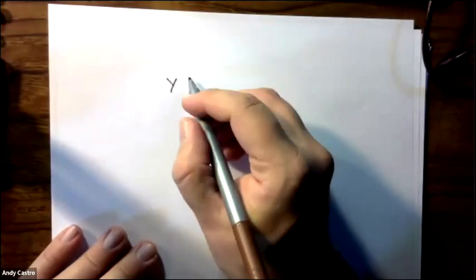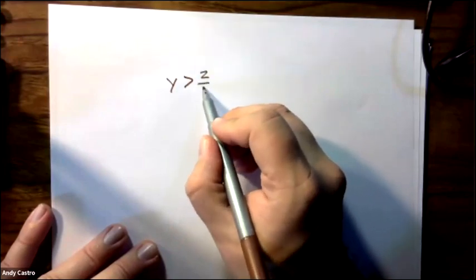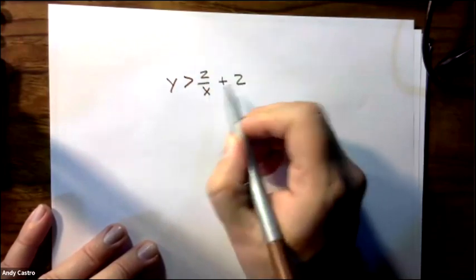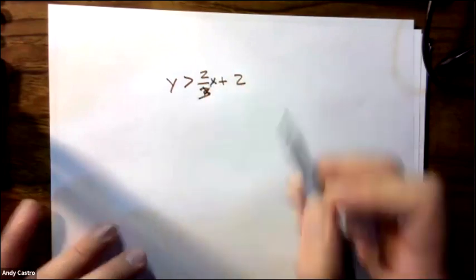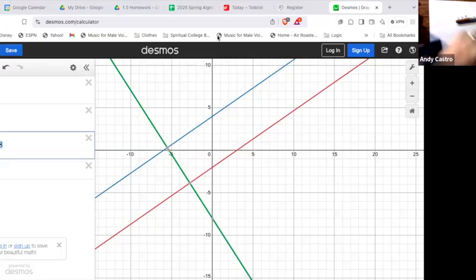But let me just do this one concept. If I have y greater than, okay, then you have 2/3 x plus 2. Sorry, 2/3 x plus 2. In fact, let me share my screen, and I'll graph that for you so you can kind of see what that looks like on the screen, because that'll be better than me drawing it.